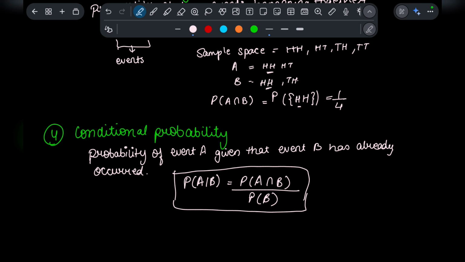For example, from the two coin toss, event A is that the first coin is head, and event B is that the second coin is head. What would be the conditional probability?